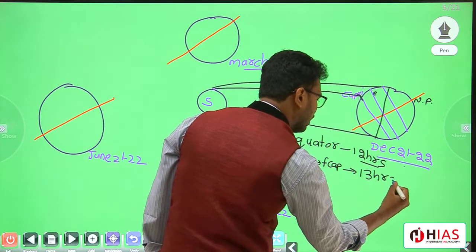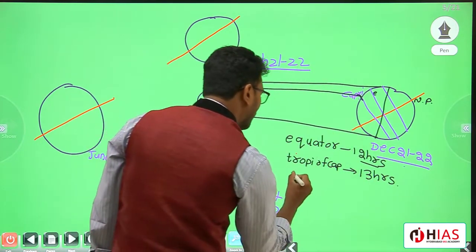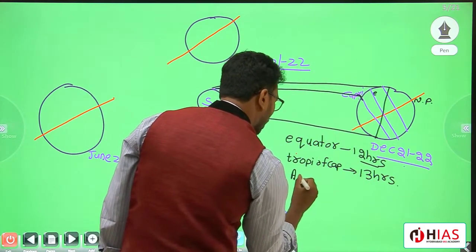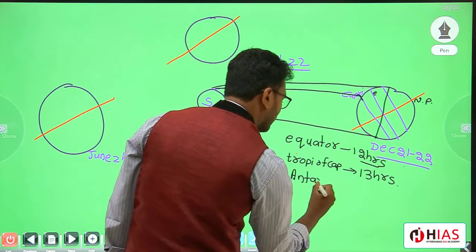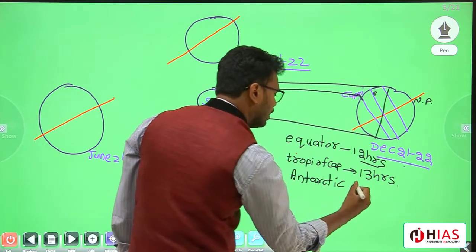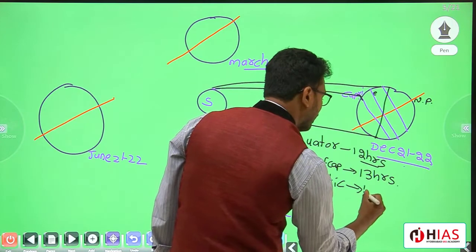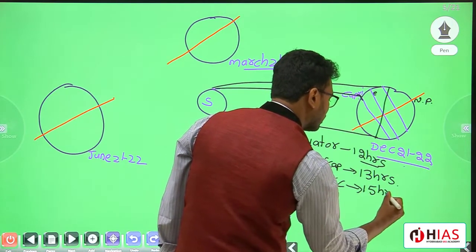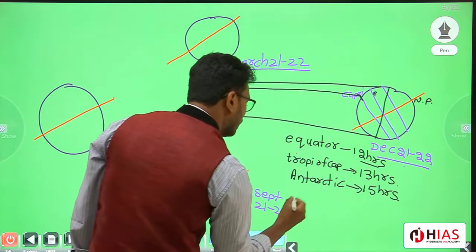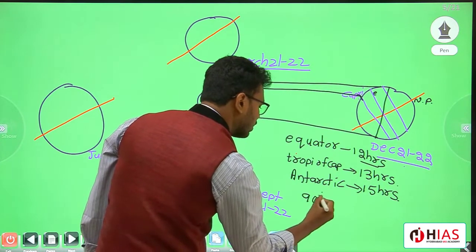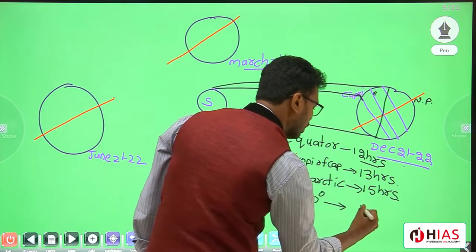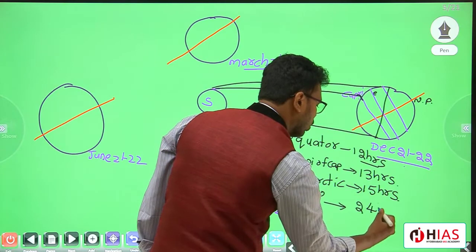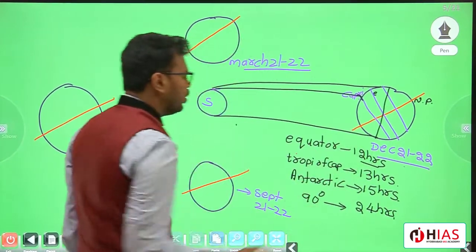Similarly, at the Antarctic Circle, the amount of daylight will be around 15 hours. Similarly, at around 90 degrees, the amount of sunlight will be around 24 hours. So this is the one.